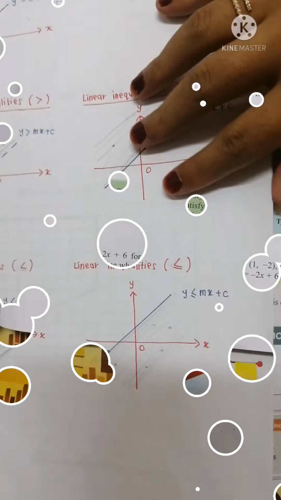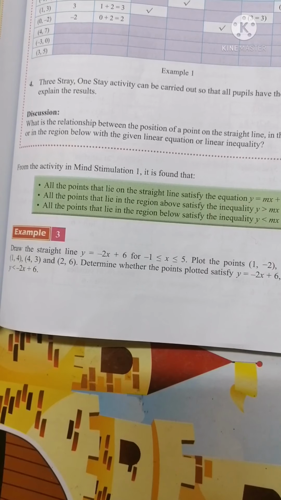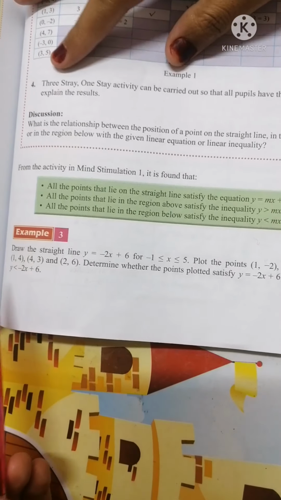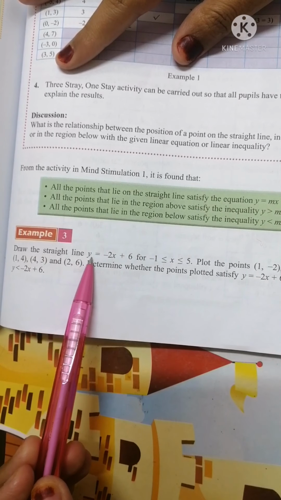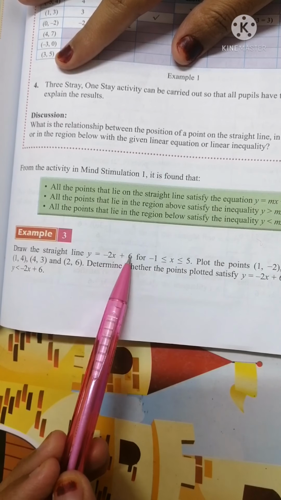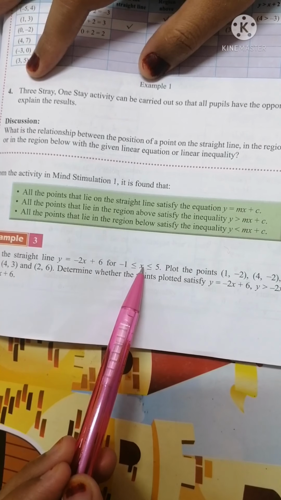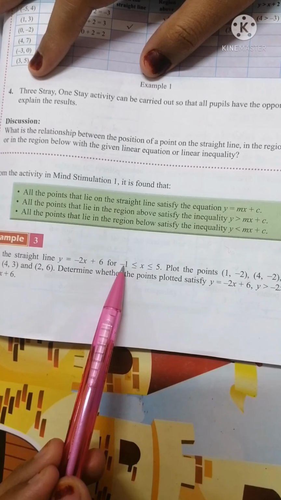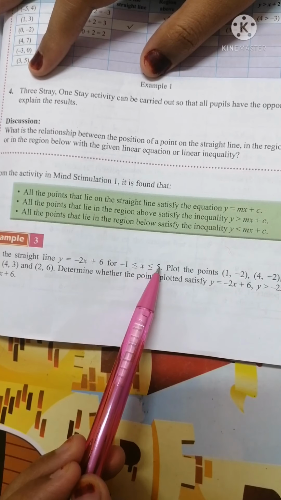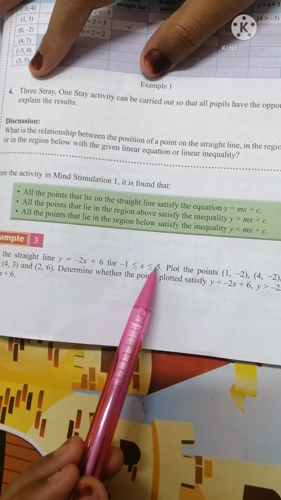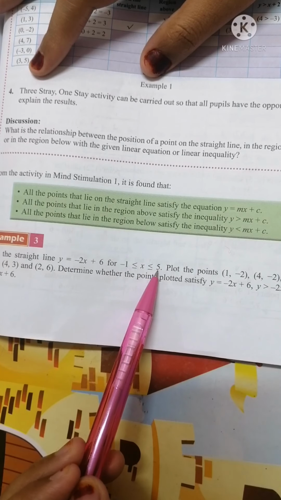Okay, class, in order to enhance your understanding, let's look at example 3. Draw the straight line y equals negative 2x plus 6 for x greater than or equal to negative 1 but x less than or equal to 5.